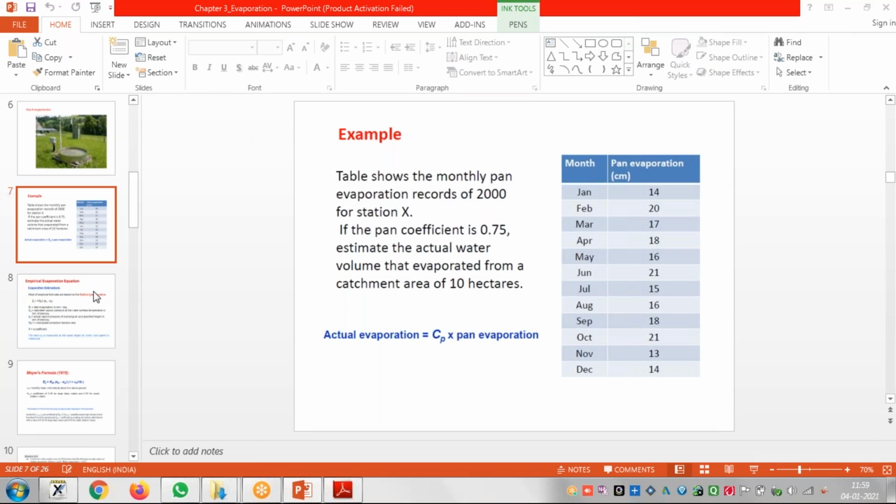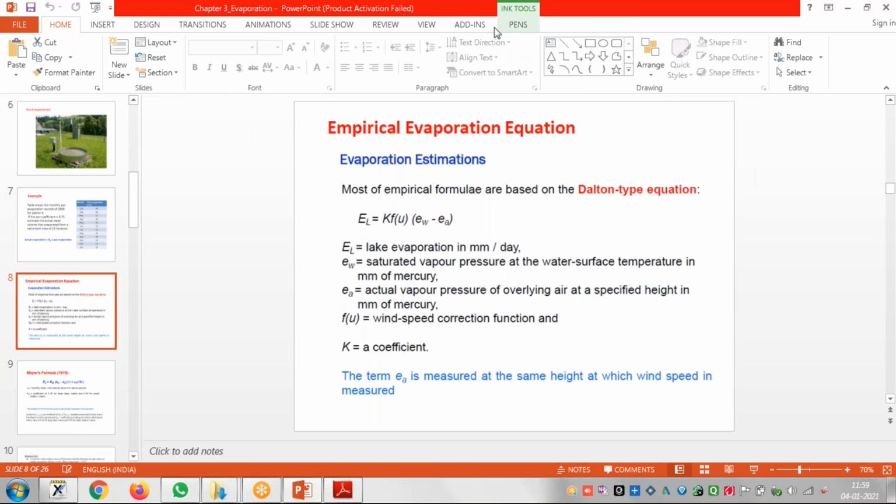Now, next, some empirical equations are given. That is the Dalton equation. He is saying that evaporation loss is K into Fu into (Ew minus Ea). We have already seen that Ew and Ea are the saturated vapor pressure and actual vapor pressure in mm of mercury, Fu is the wind speed correction function, and K is a coefficient, right?